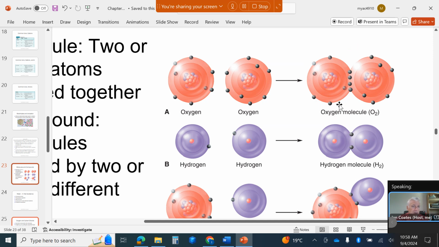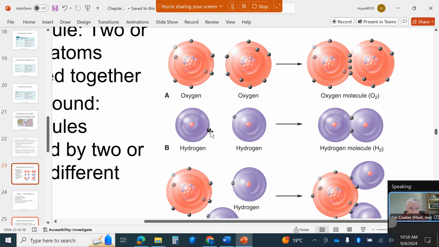And you'll see there that this oxygen is creating a molecule with this one, and they're sharing the electrons. So you got 1, 2, 3, 4, 5, 6, 7, 8 electrons. So happy. 1, 2, 3, 4, 5, 6, 7, 8. This guy here is happy. So this is what we call an oxygen molecule, and this is how oxygen exists in nature, O2.